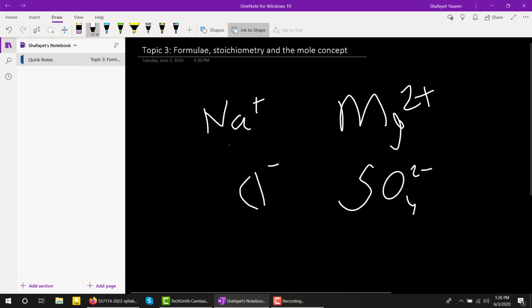Right. So how do you deduce the formula of an ionic compound by taking a look at its respective ions or charges? Basically, as I said before in the second outcome, you write down the elements, the components you have in this compound, first.